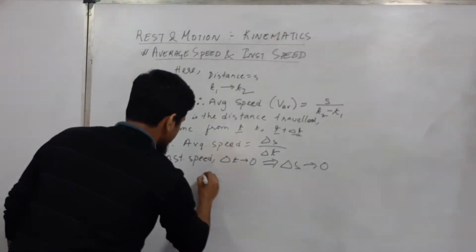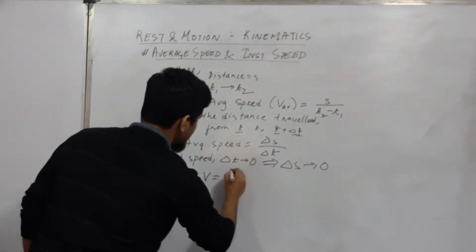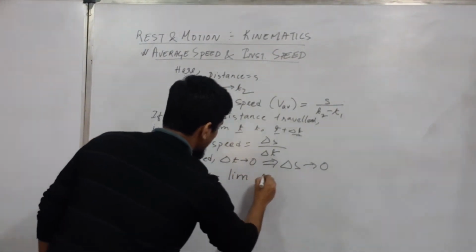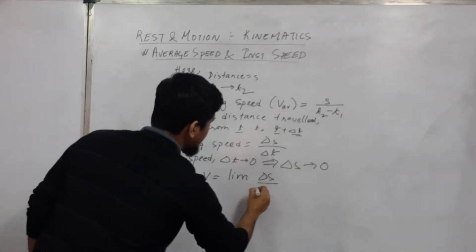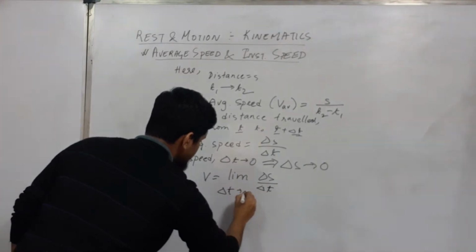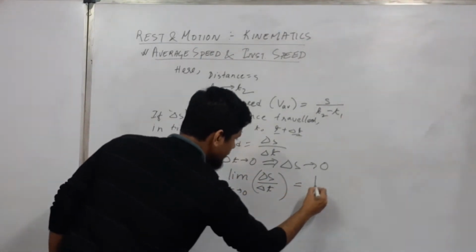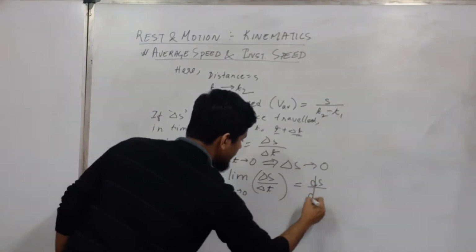So the instantaneous speed, which will be denoted by v, will be equal to the limiting value of delta s upon delta t as delta t tends to 0, and this entire structure can be written down as ds by dt.